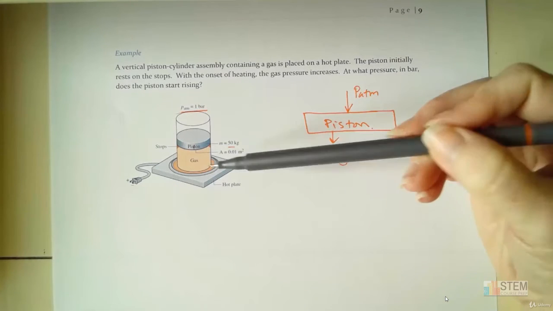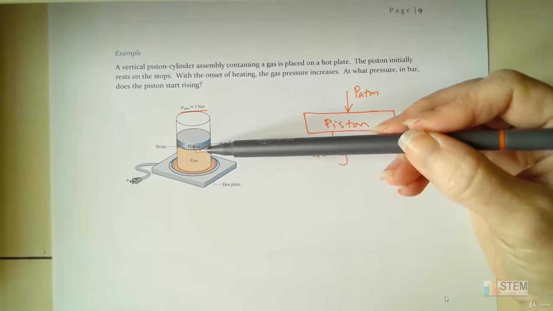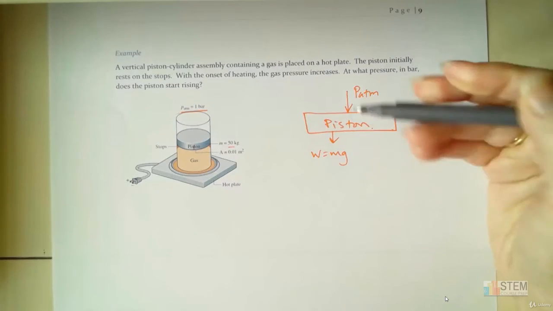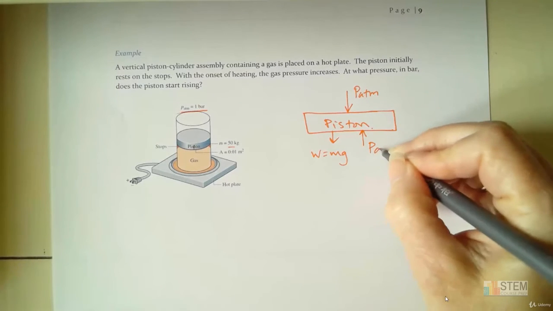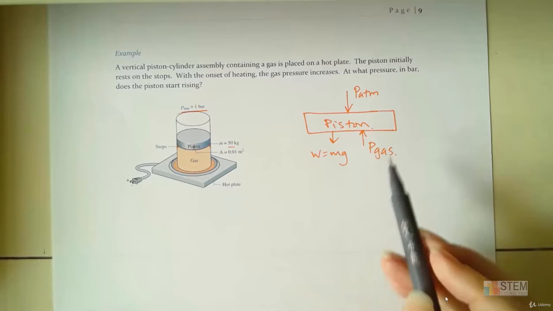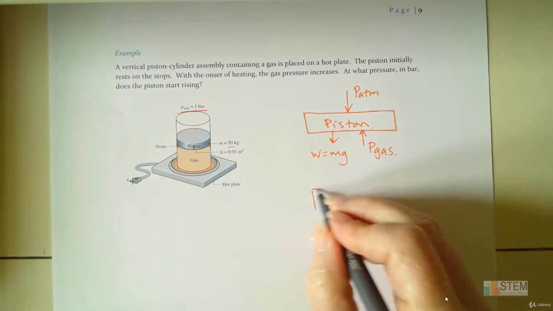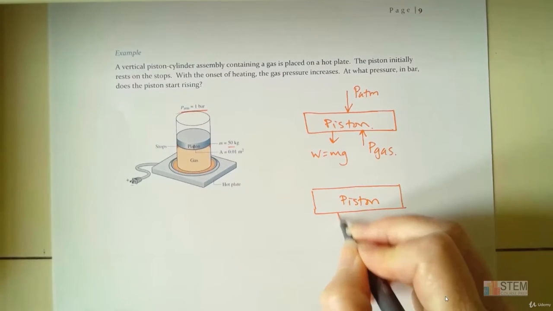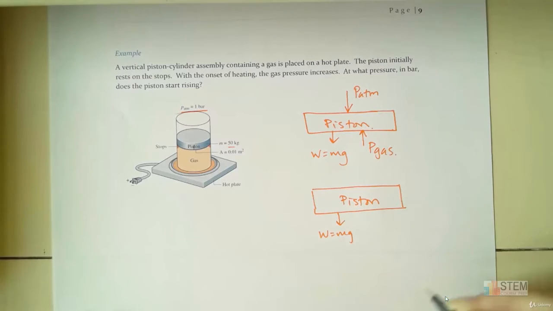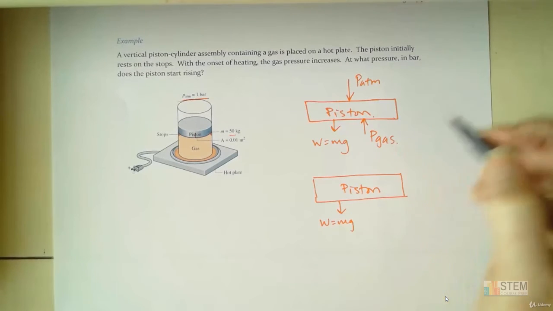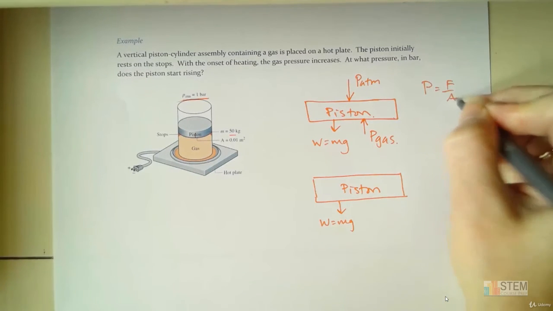And then finally, this piston has the gas in contact with it. The gas is heating up, it wants to expand, so it's trying to push the piston up. So there's going to be a pressure going up due to the gas. Now, normally when we draw a free body diagram, we don't have pressures. We usually have forces. So let's redraw that with forces. The weight stays the same because that's already a force. Now for the other two, remember pressure is force per area.